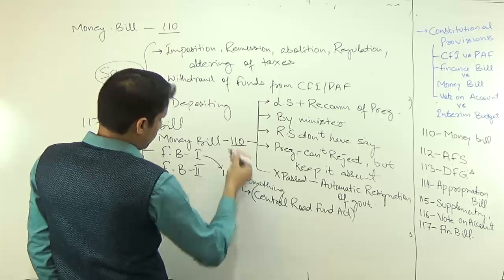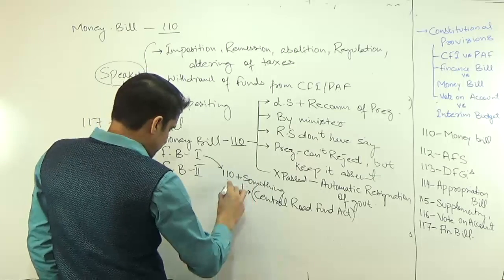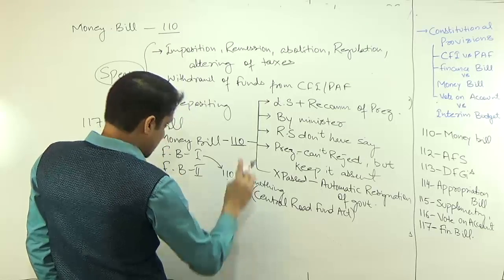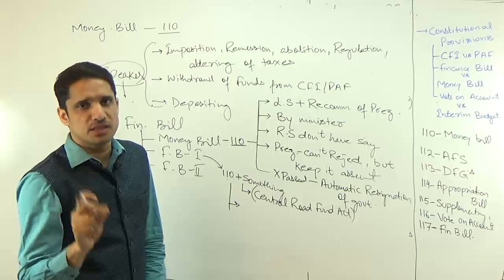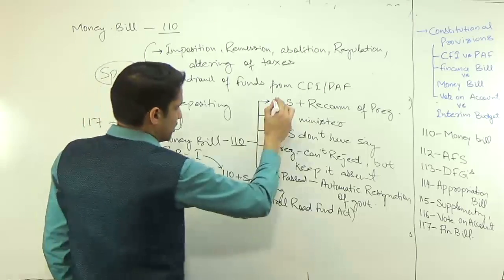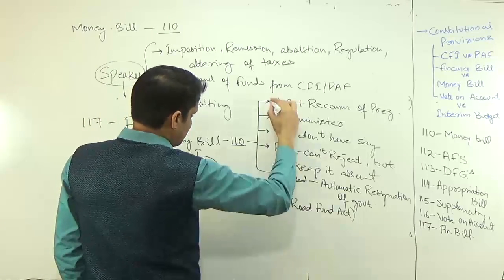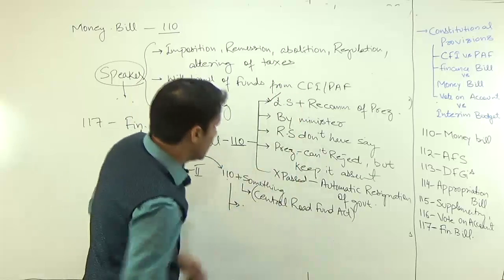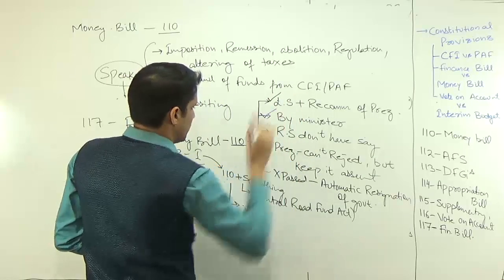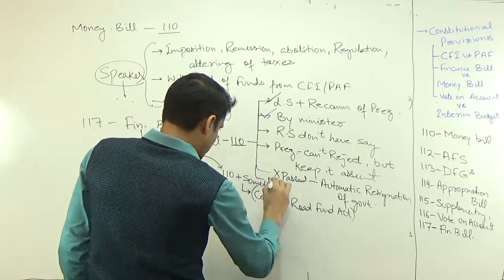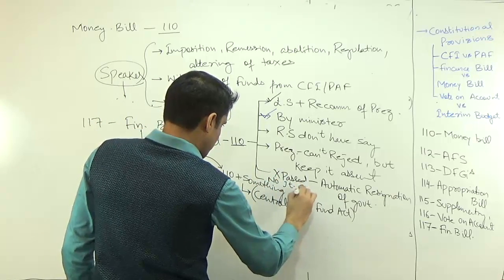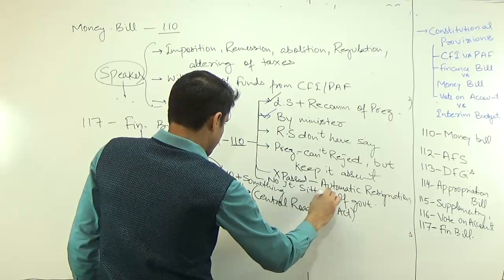And how is it different from a money bill? Finance bill 1 is the same as a money bill unless and until it is passed by the Lok Sabha. It means these provisions will be applicable, but a few things, like no joint sitting, will not be applicable.